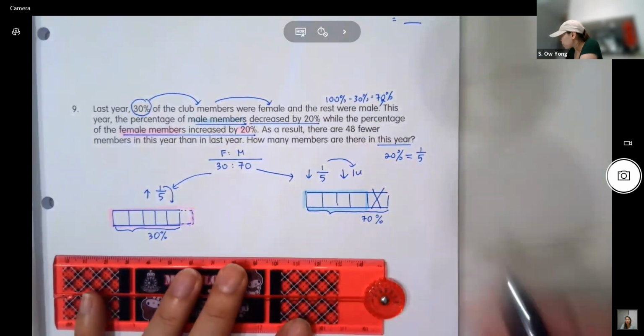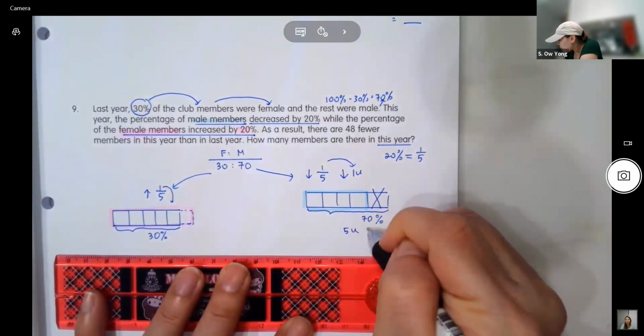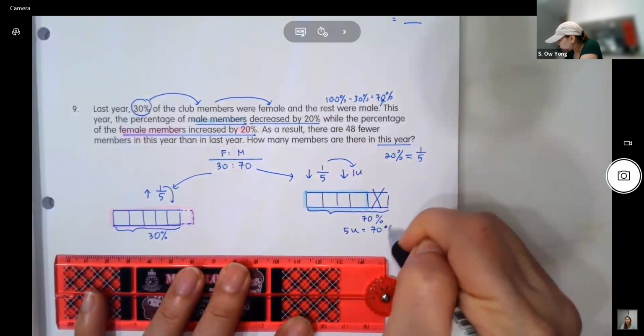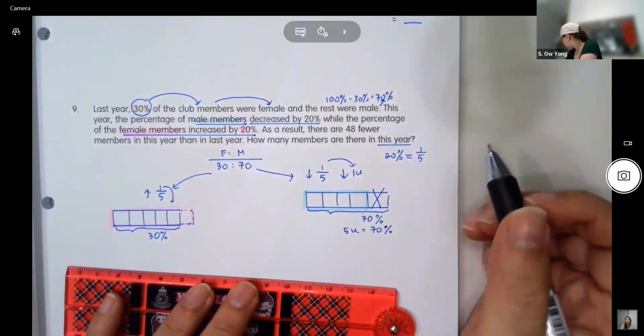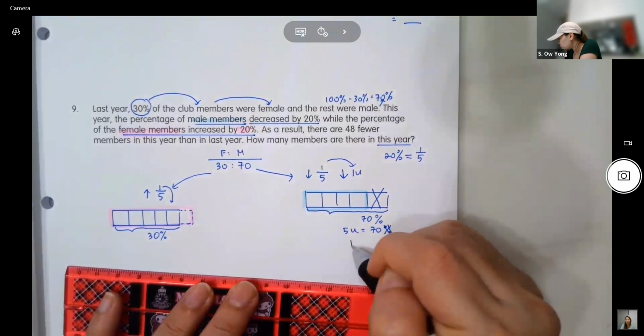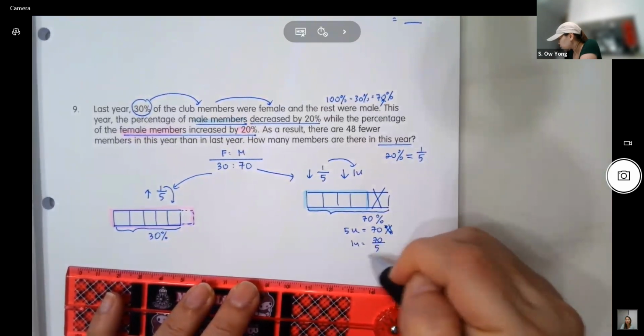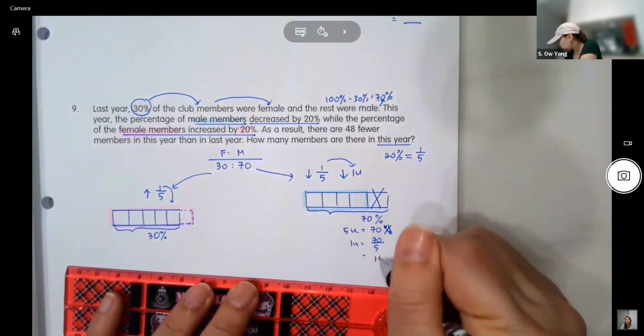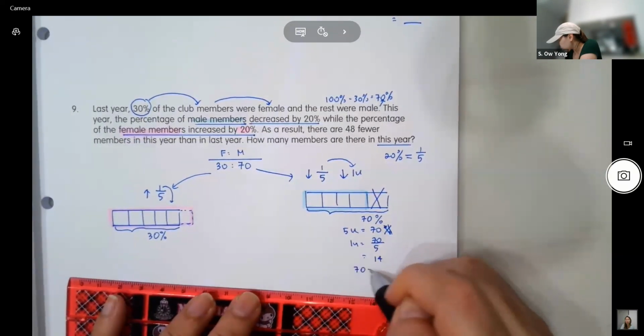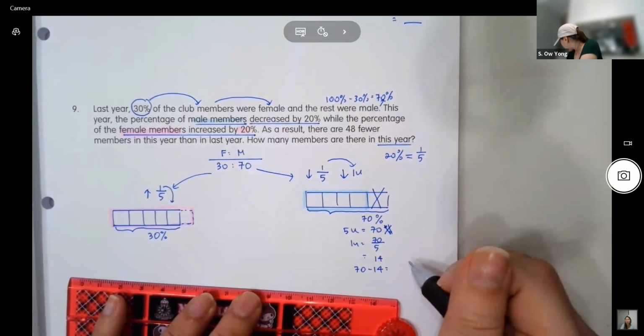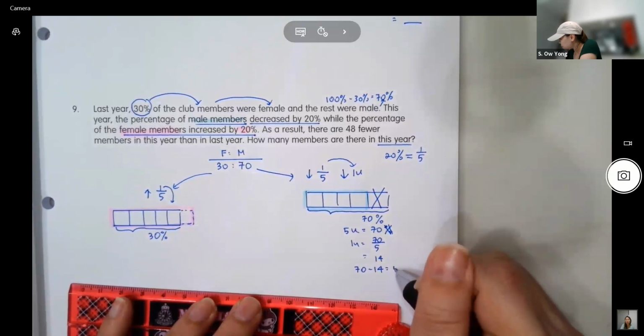Then you can carry on and say 5 units equal 70%. Maybe I don't write the percent so that you will not be confused. You find 1 unit, then you find the number of male left, that is 56.